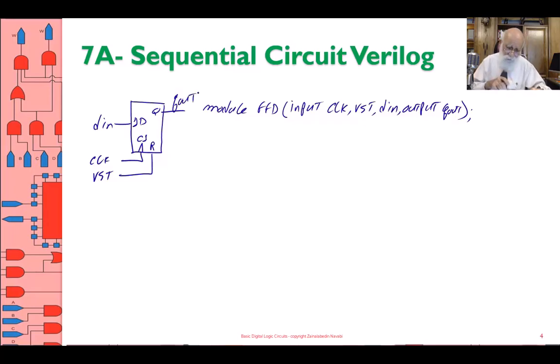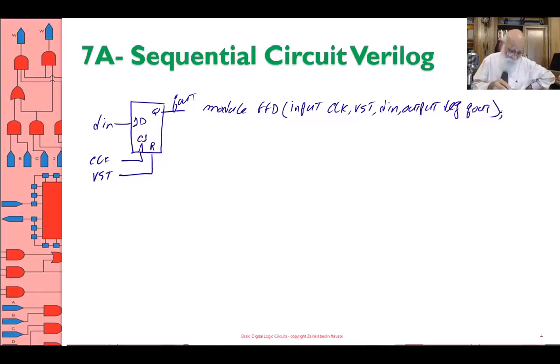Now, since the output is going to be set inside an always statement, I have to make it a reg Q out. All right, so that's this part of it.